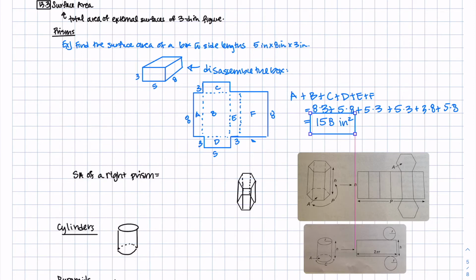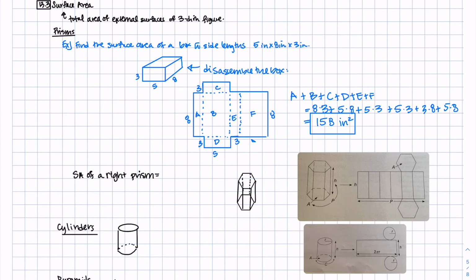This technique works all the time, especially if you're not aware of the general formula, or you forgot it for some reason. This method works. And how we basically get formulas for the surface area of our other more general figures is by using this idea.